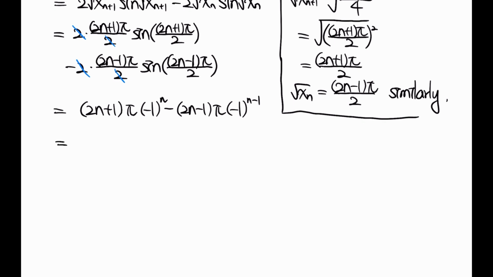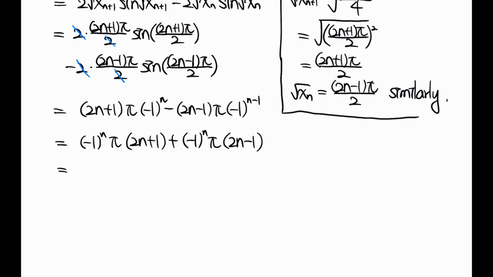So it is equal to negative 1 to the n pi times 2n plus 1. And here we have the minus sign, so we have a minus 1 here and minus 1 to the n minus 1 here. Combining these two, we get negative 1 to the nth power. So we add negative 1 to the nth power pi times 2n minus 1.